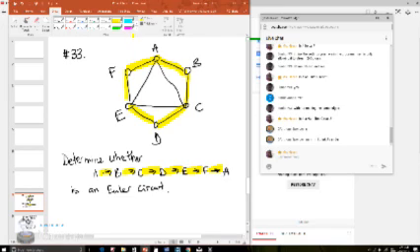Okay, is it a circuit? So what does it have to be a circuit? Well, basically, it just has to follow a bunch of edges and start and end at the same place. So this is a circuit. It starts at A and it ends at A. Okay, so this is a circuit.